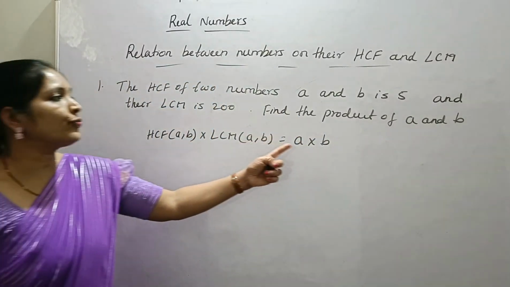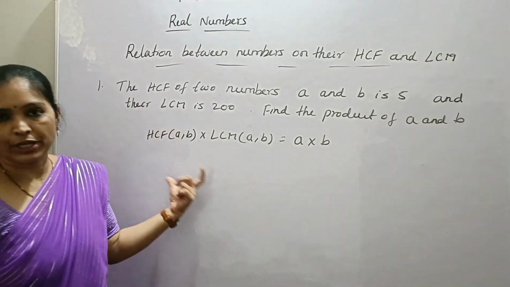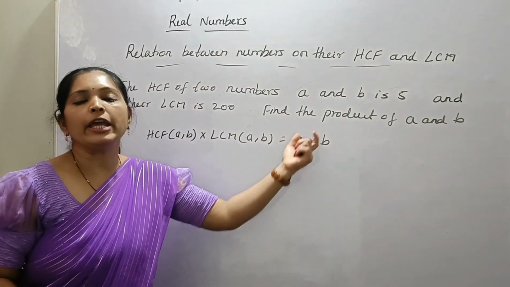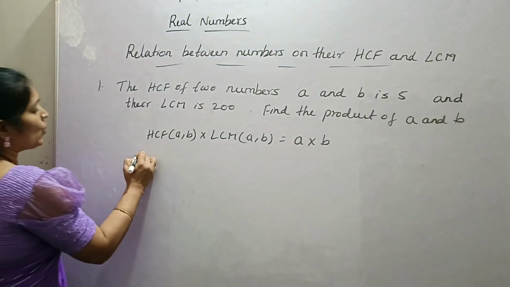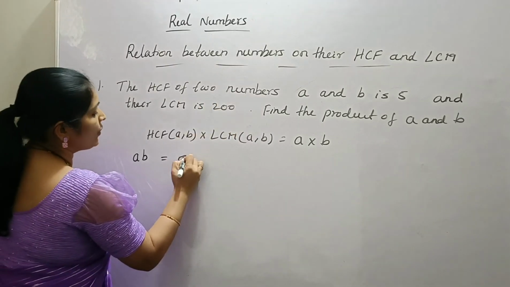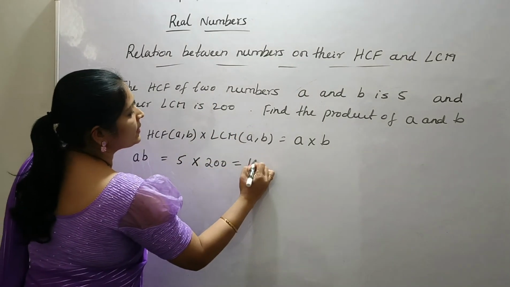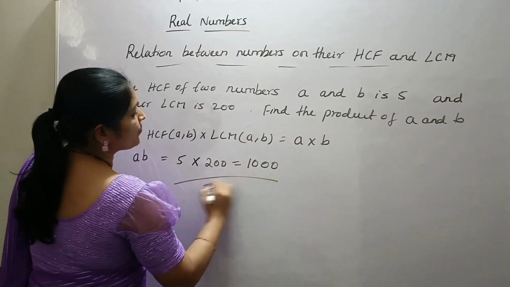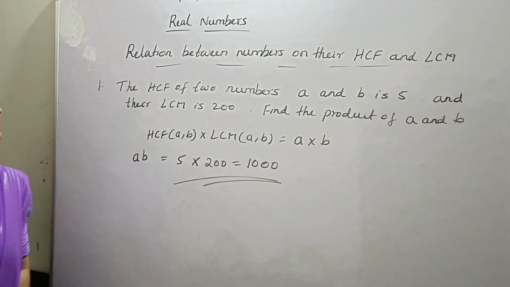Here HCF and LCM are given, and we have to find a into b, the product of a and b. So a into b is equal to HCF 5 into LCM 200, that is 1000. So the product of a and b is 1000.